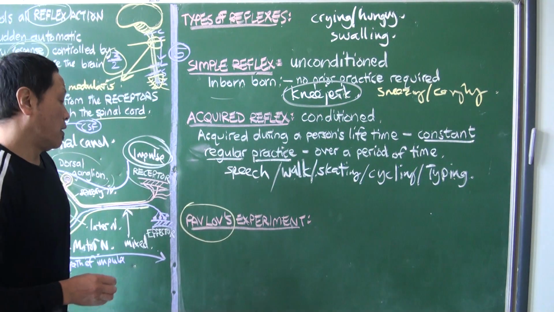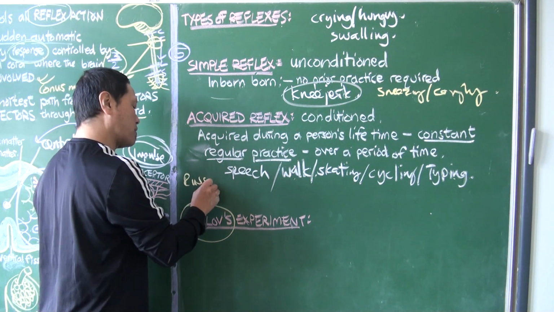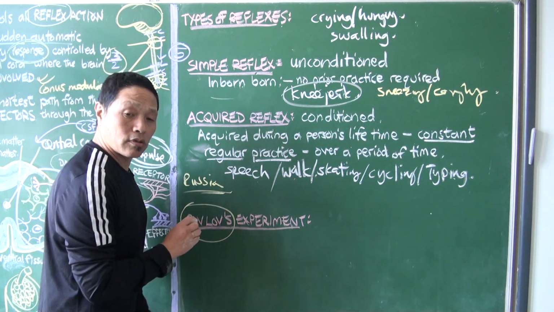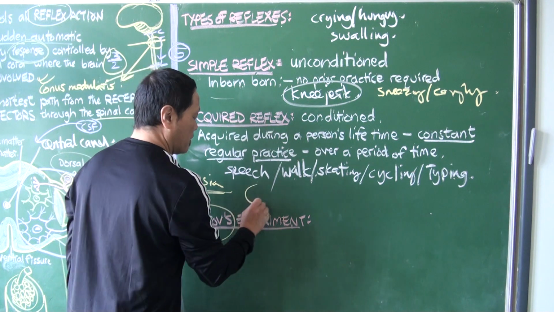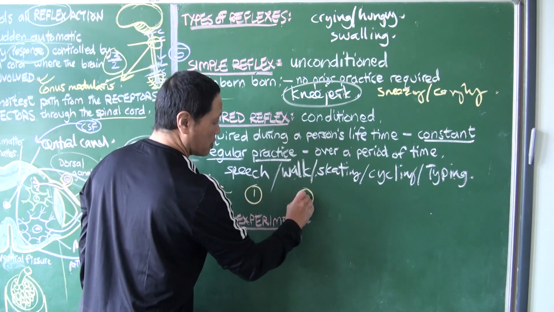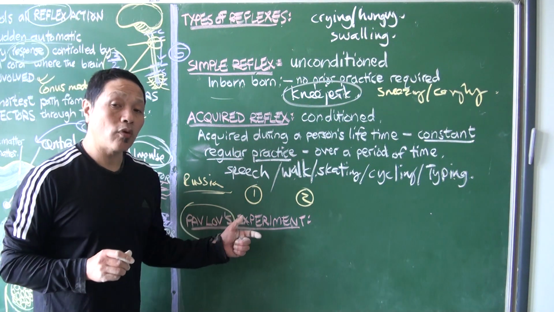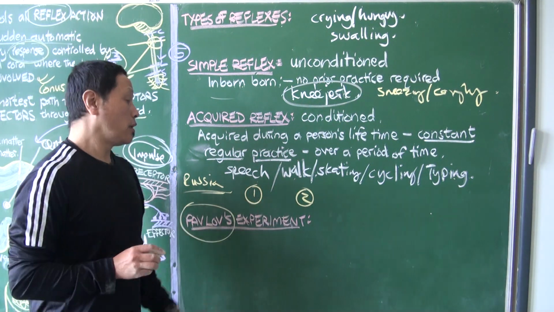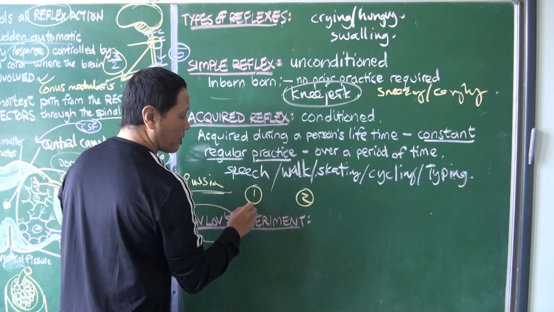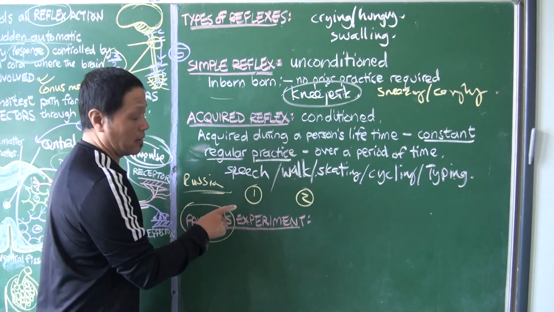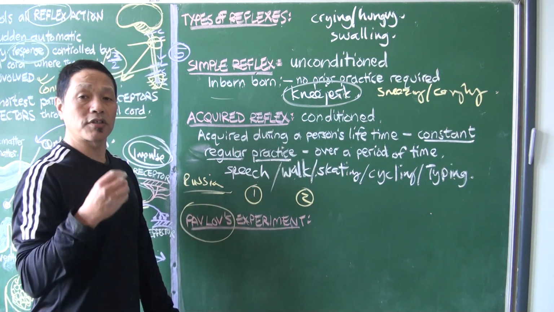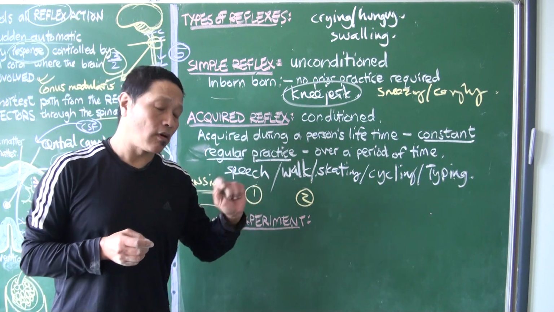Pavlov was a Russian scientist and he took 2 dogs. Dog 1, dog 2. And before feeding these dogs, he would ring the bell for dog 1. Every time dog 1 got his food, there was this sound of bell.